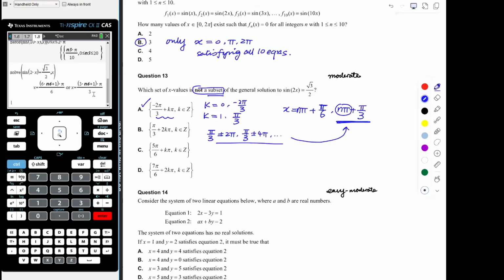Therefore, equation 2 can be written as minus x plus 3 on 2 y equals 2. And you can see the numbers don't quite match each other because if you multiply by negative 2 both sides, this will be 2x minus 3y equals minus 4. And it doesn't match 1. Therefore, these two are parallel lines.